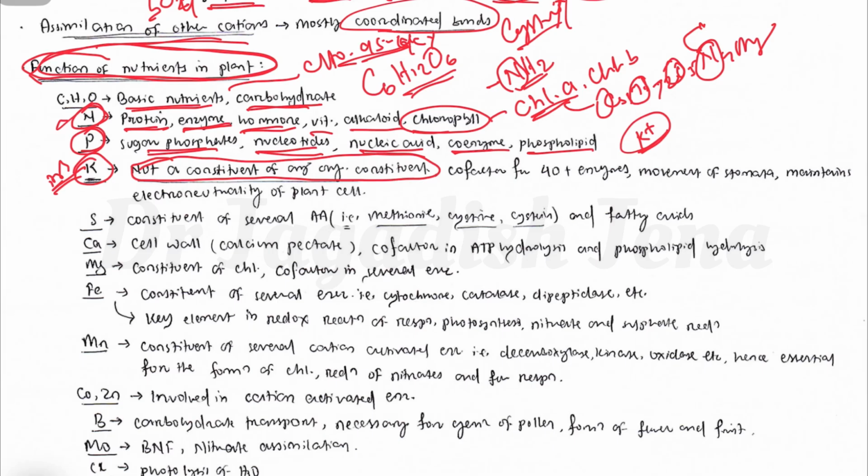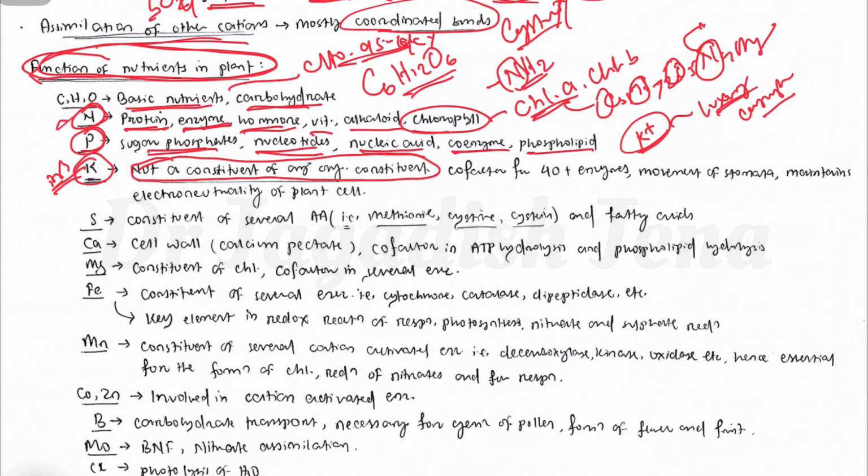That's why potassium is taken up more than its requirement, and that process is called luxury consumption. In case of potassium, mostly luxury consumption happens, and it is situated in the plant in ionic form and does not take part in any organic constituent.